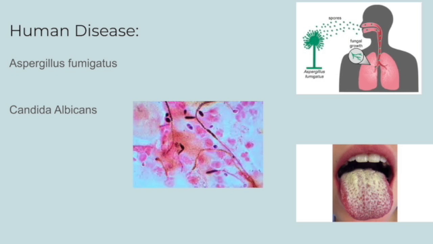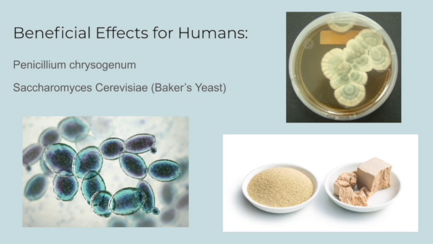But it is not all bad. Ascomycota does have some benefits. The Ascomycota Penicillium chrysogenum is a mold-like substance that grows on the rind of rotting fruits, or it just grows around.